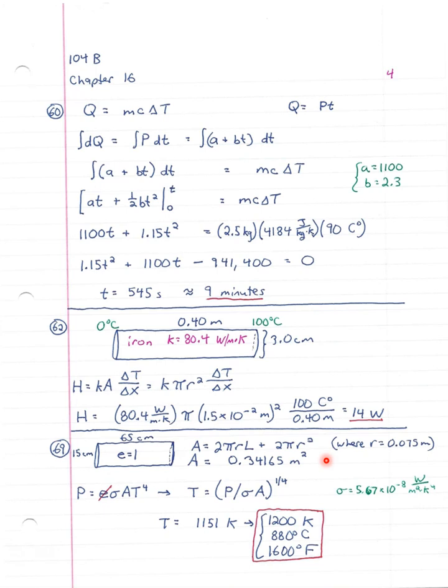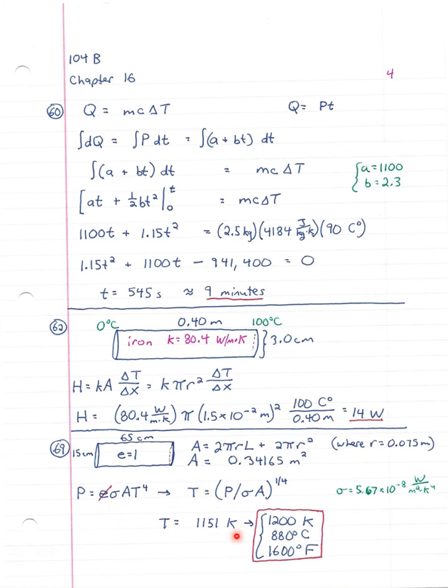Now, we want to solve for temperature. Power equals emissivity times sigma times A T to the 4th. And we want to solve this for temperature. Remember, sigma is the Stefan-Boltzmann constant. You can look that up in the front flap of your book under the useful constants.